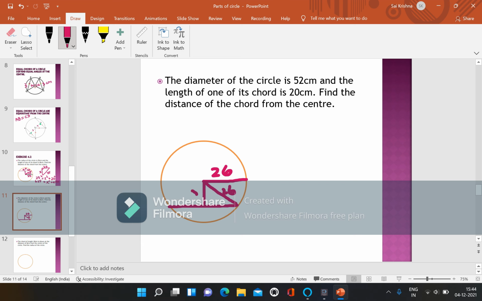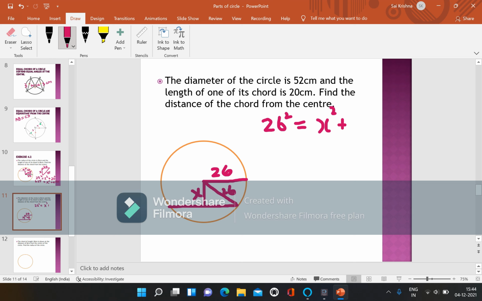and this x we should find. It's the same type, but here it's given as diameter. That's the only difference. So 26 is the hypotenuse. So 26 square is equal to x square plus 10 square.